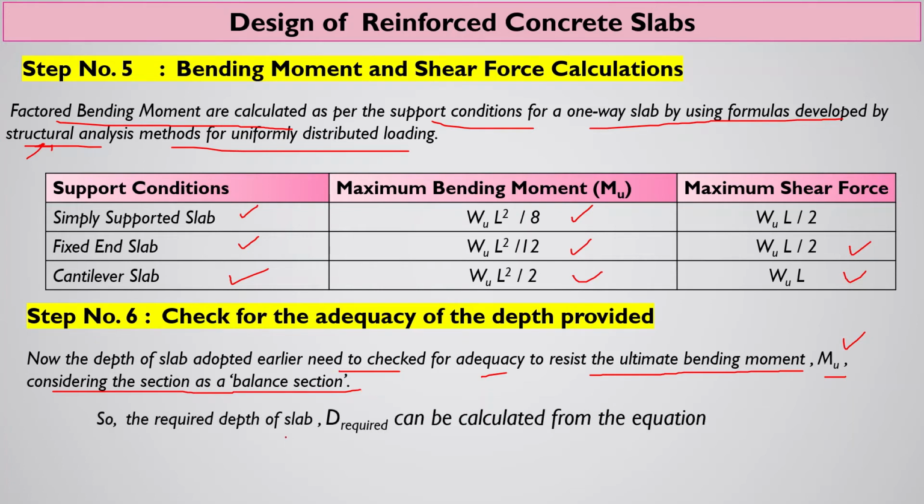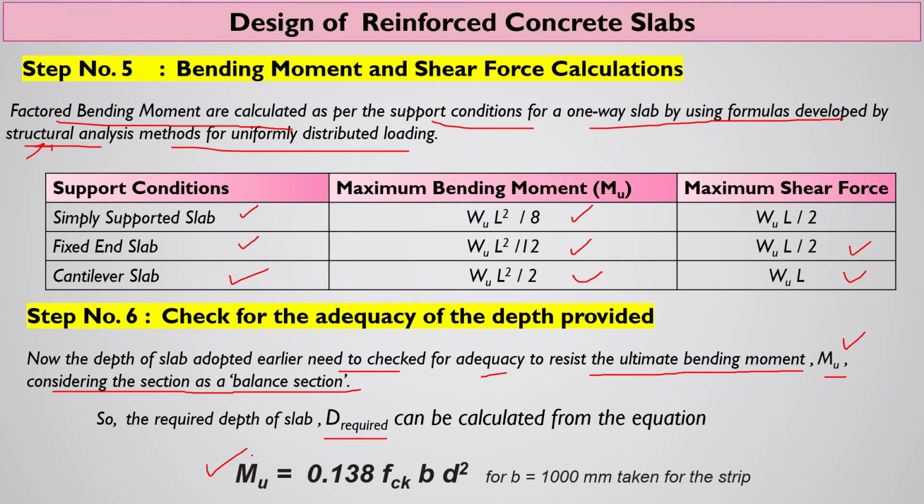So required depth of slab, capital D required, we can calculate again from the same equation, that is Mu is equal to 0.138 fck bd square. As you remember, this equation is valid for a balanced type of section. The only thing that changes here is that the width you have to take is equal to 1000 millimeter, because again I am reminding you that we are designing the slab in the form of strips.